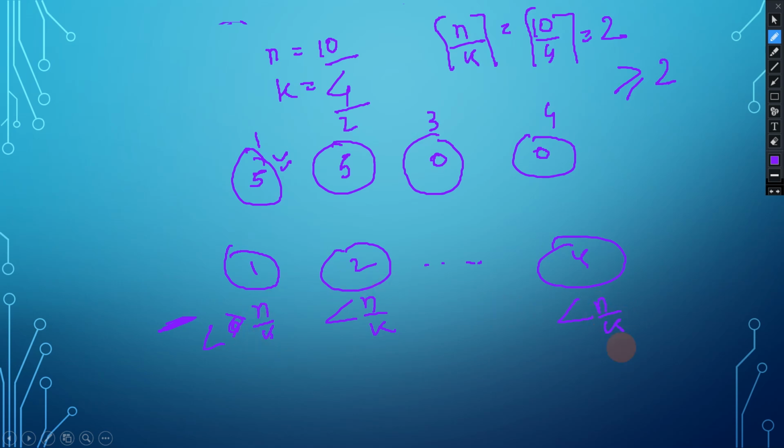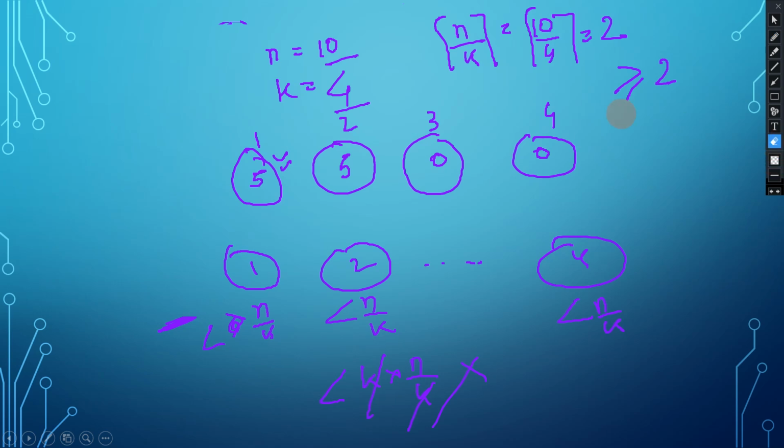If you add all these k terms, what will you get? The total number of pigeons is less than k into n by k, so the number of pigeons becomes less than n, but that is incorrect. So we can conclude you cannot have any distribution where all the holes have fewer than n by k pigeons.